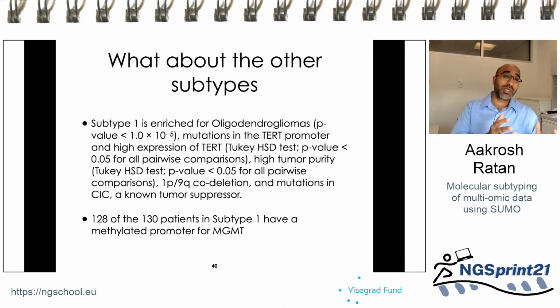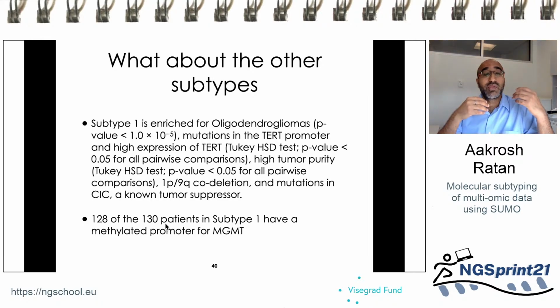So what about the other subtypes? We did find some connections in terms of enrichments of these subtypes to known subtypes as per the WHO classification. And there were some interesting facets to it. For example, if you look at subtype 1, 128 of the 130 patients there have a methylated promoter for MGMT, which means that if you were prescribed temozolomide, you are likely to have a good recovery.